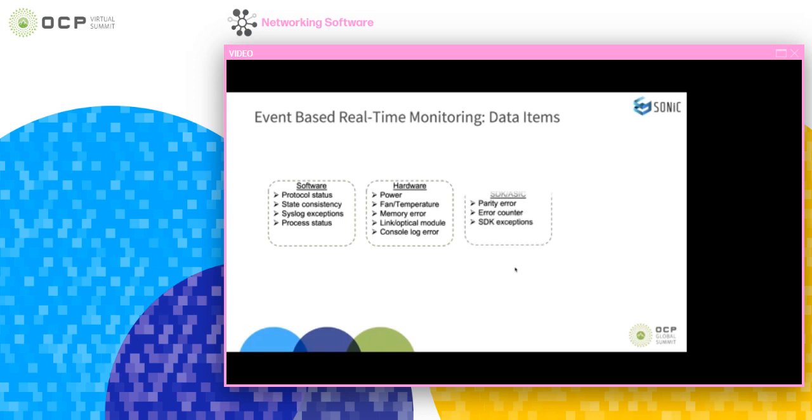On the SDK, we support parity error, error counter, and SDK exceptions. On the system side, we support Docker exception, memory and disk usage, and CPU usage, those kinds of events in the real-time monitoring system.